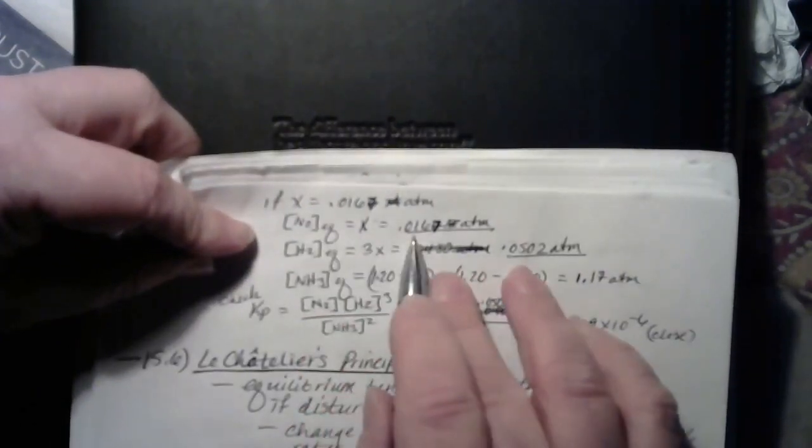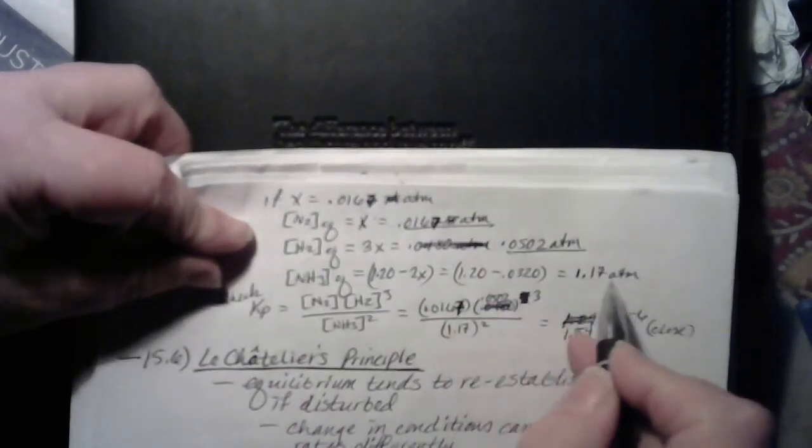The nitrogen concentration at equilibrium, which is x, is 0.0167. The hydrogen concentration at equilibrium is 3 times that, or 0.0502. And the ammonia concentration at equilibrium is 1.20 minus 2x, which is 1.17 atmospheres. Those should be the correct equilibrium concentrations.